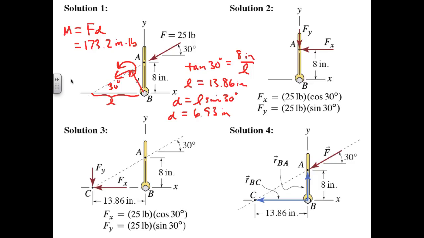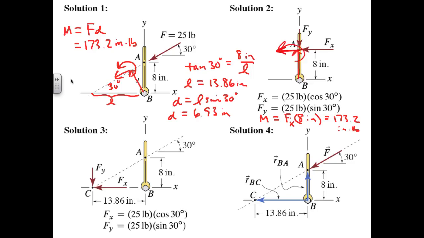This gives us M equal to Fx times 8 inches, and with Fx being equal to 25 pounds cosine 30, this once again gives us 173.2 inch-pounds. Again, the right-hand rule will give us the sense of this moment.